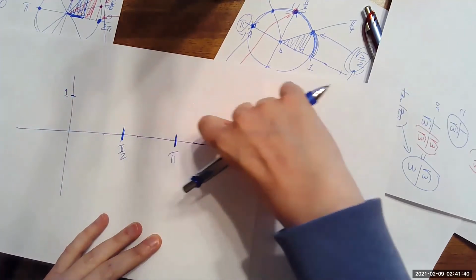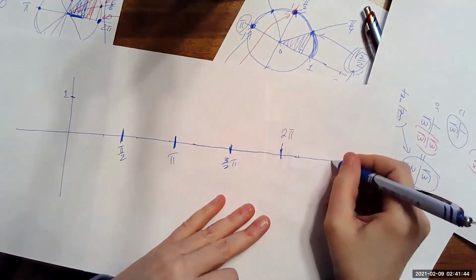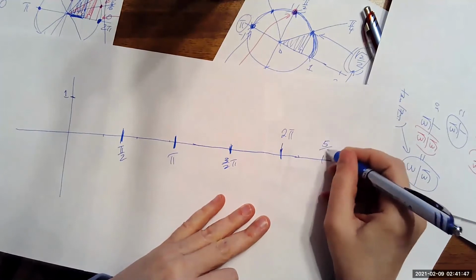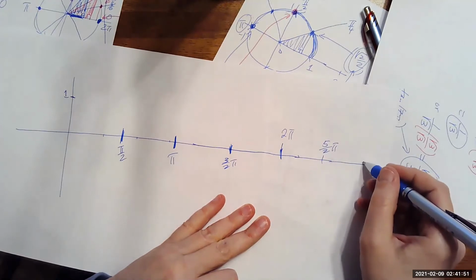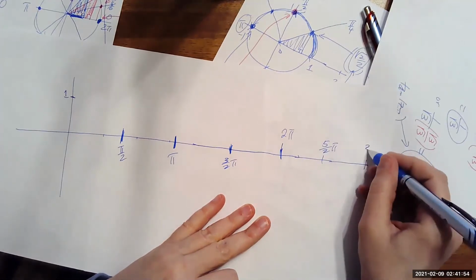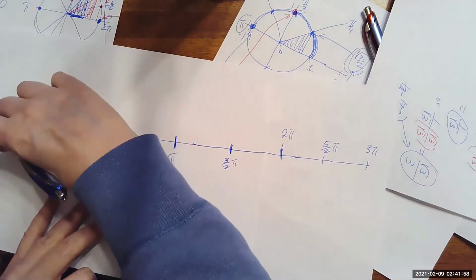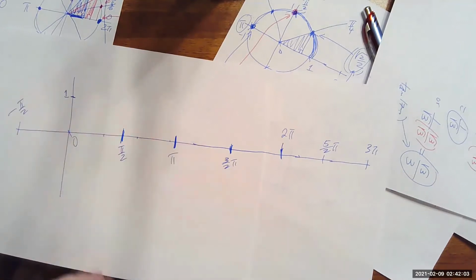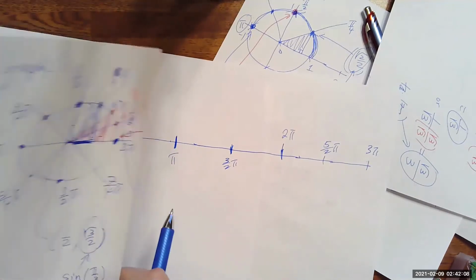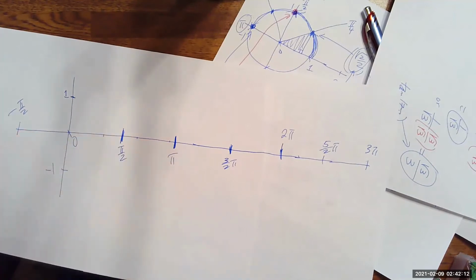Those are roughly right, close enough. 3 halves pi, 4 halves, here would be 5 halves pi, and 6 halves is 3 pi, and so on. Here's 0, and then negative pi over 2 is there, and so on. So let's plot the points we do have on this graph. And if that's up 1, then this is down to -1.